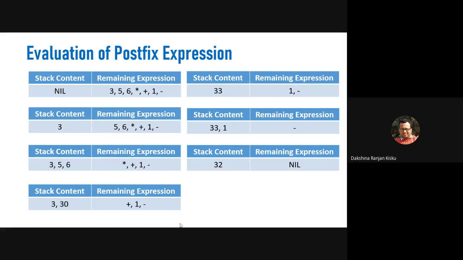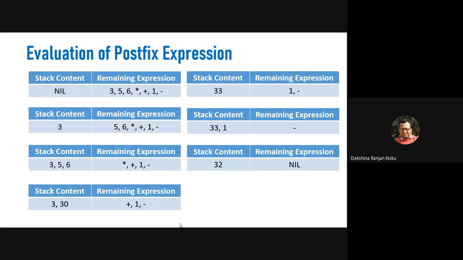Here the necessary operands are 5 and 6, and multiplication will be performed between 5 and 6. After performing the multiplication we get 30, and we push this result into the stack. Here you could see 3 and 30 as stack content, and in the remaining expression, the addition operator, 1, and the subtraction operator.